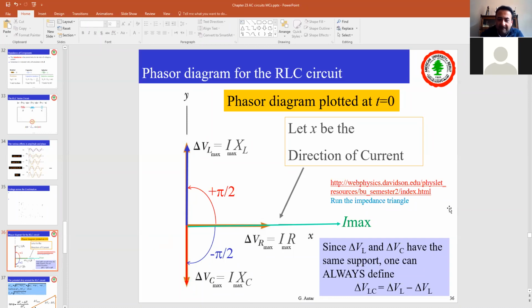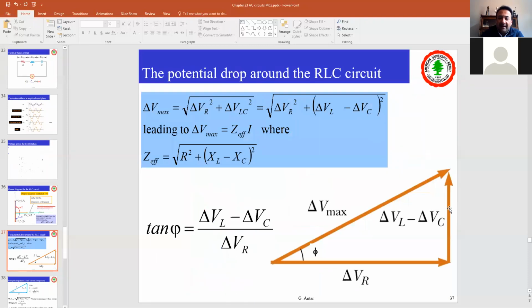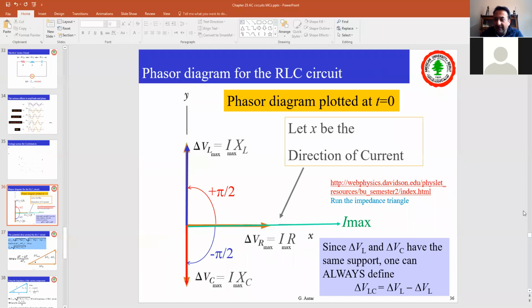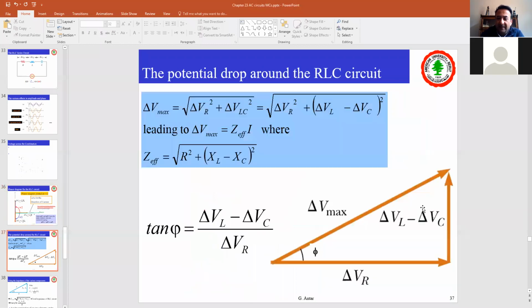Once I do that, I'm going to have this phasor diagram turn into a delta VLC. So basically, I'm going to subtract these two, and I'm going to have delta VL minus delta VC.